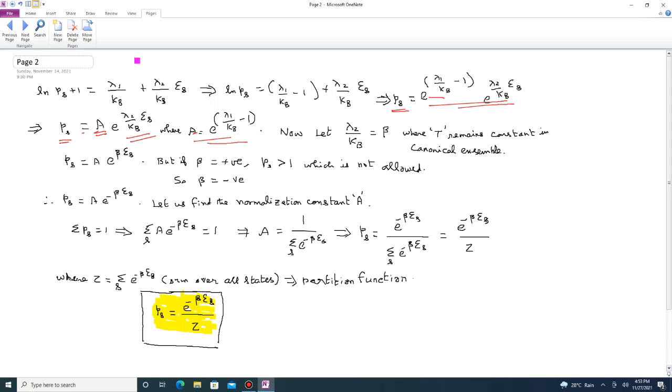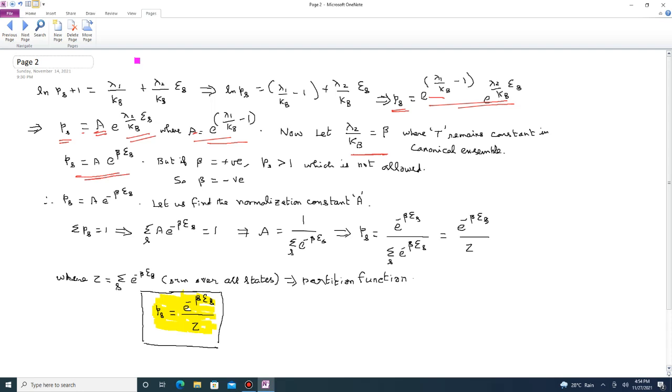Now put lambda 2 by k_B equal to beta. Here the temperature T remains constant in the canonical ensemble. So actually beta is equal to 1 by k_B T. Now in that expression, p_s becomes A e power beta e_s.